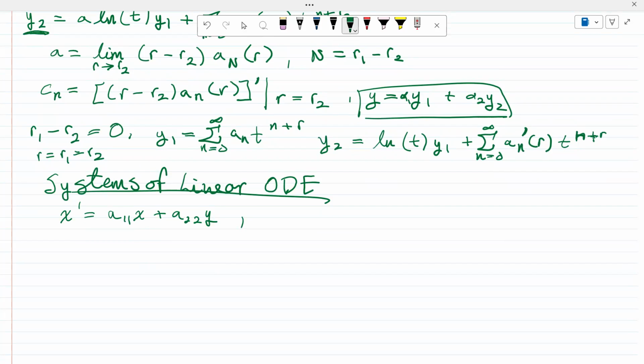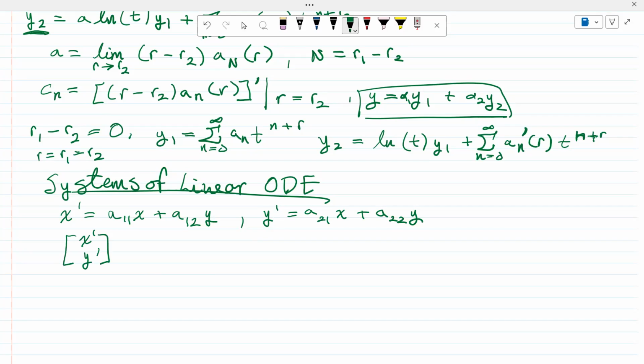Or you might have y prime equal to a21 x plus a22 y. So this is a system of linear ODEs, which can be expressed like this.